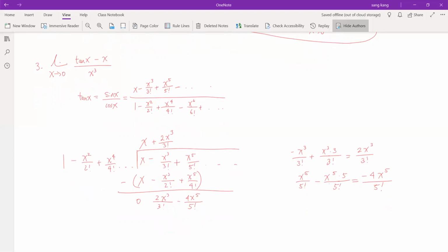So I multiply through 2x cubed over 3 factorial, and then I multiply these two. Again, this is very painful, I know, but this is basically how the book derives it. So this would be minus 2x to the 5th over 2 factorial times 3 factorial. There's a lot of algebra here, I know.